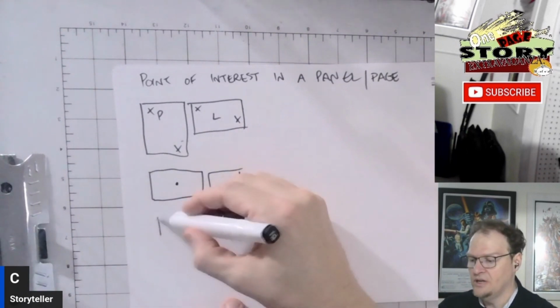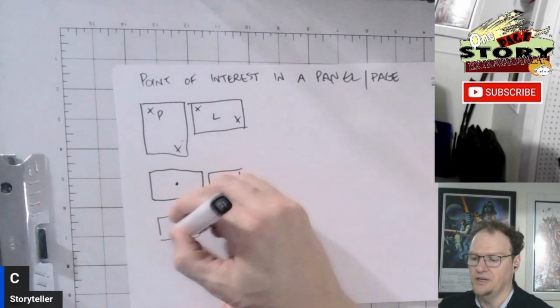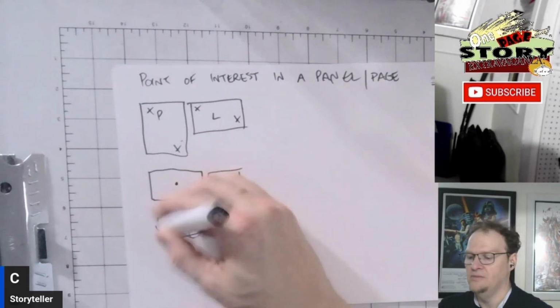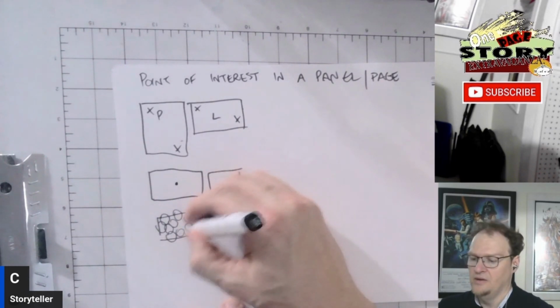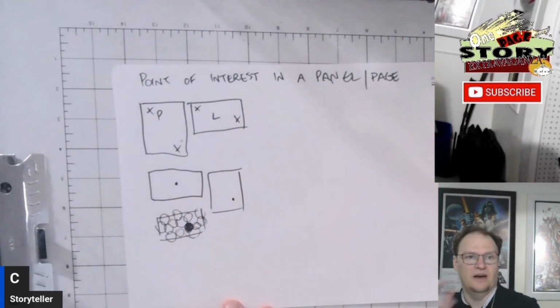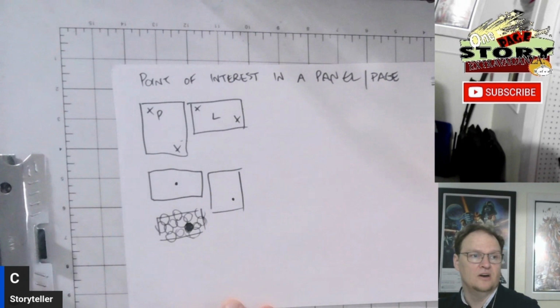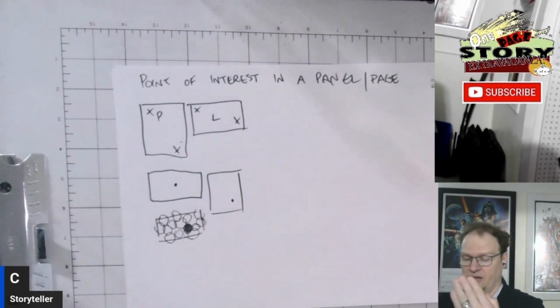The more complicated that you get it, let's say you've got a whole bunch of circles on the page, a whole bunch of details of information randomly placed that have no sense of direction to them, but if you fill in this circle, that's where your eye goes. That's your point of interest. You're automatically drawn to that, largely because of the contrast of that in correlation to the rest of the image.